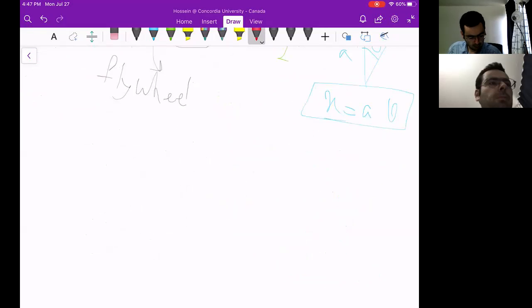So the summation of moments around point O for mass one is equal to I theta double dot.